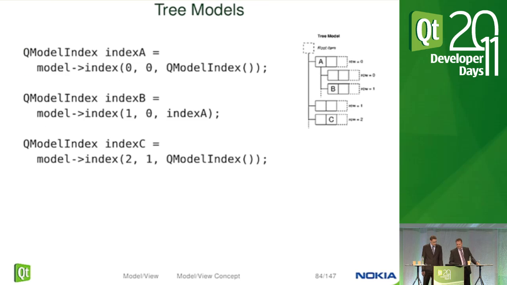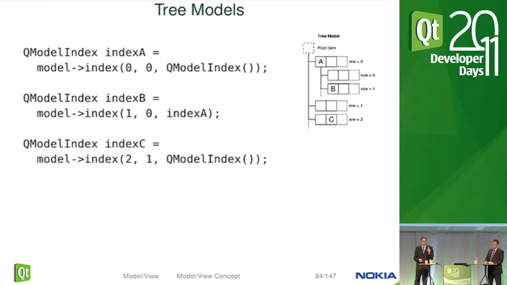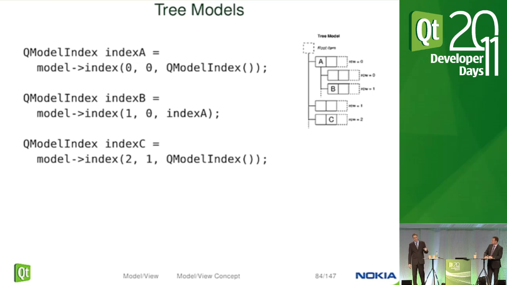Yep. Here's the tree. Okay, so now we see how to obtain the model indices for the tree scenario, and that's exactly what we just did here when navigating through the tree. So you ask for the index on the top level, in this example A, which is the 0, 0 cell on the top level table, and then you ask for an index below that.